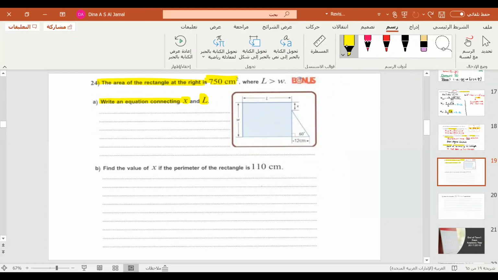So he gave you the area, and we know that the area of the rectangle is all about L multiplied by W. But you have to focus on one thing. You don't know the value from here until here. So I can call this segment AB.